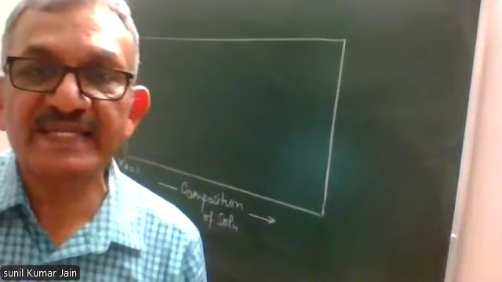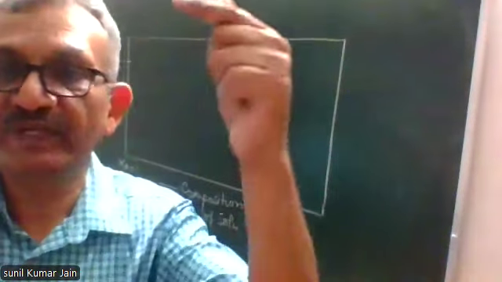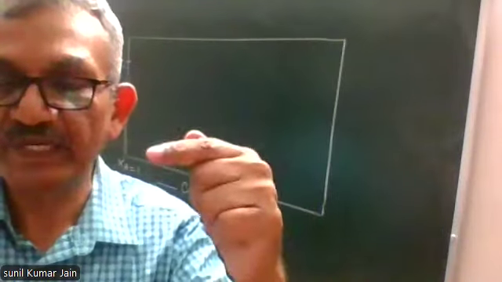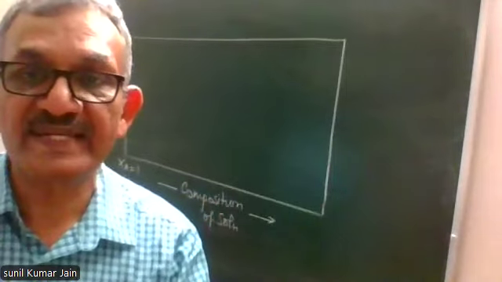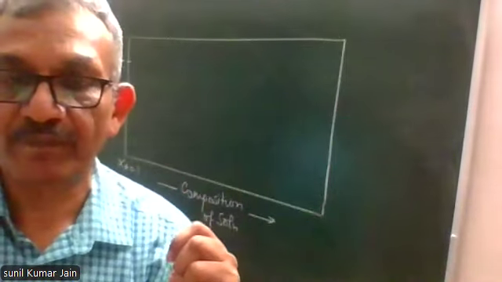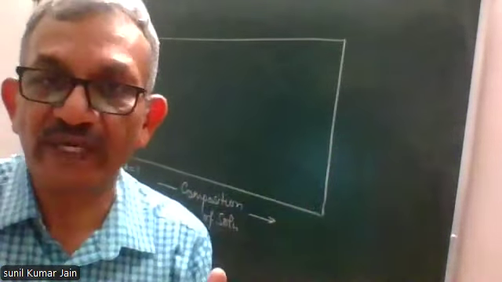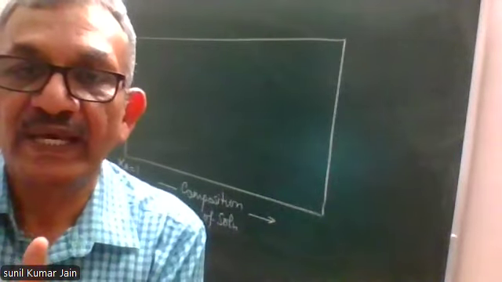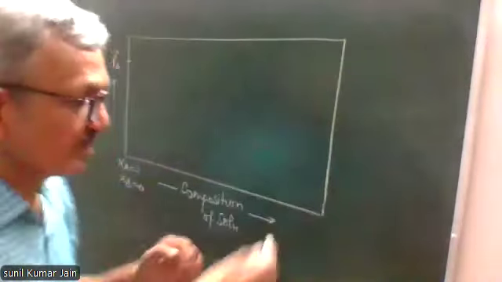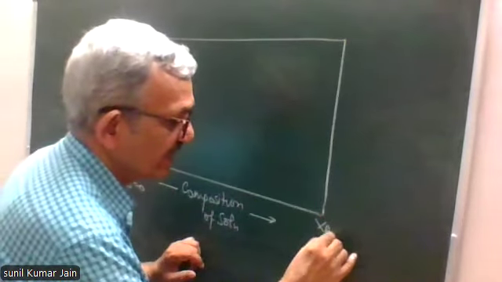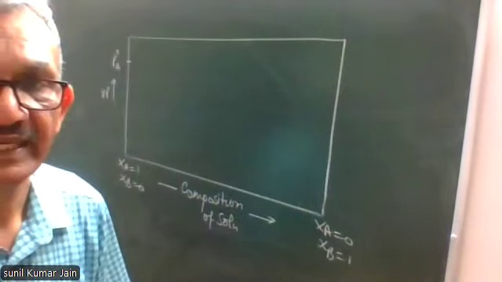As I keep on increasing B, mole fraction of A will keep on decreasing and mole fraction of B will keep on increasing. According to Raoult's law, the value of PA will keep on decreasing and the value of PB will keep on increasing. Let us say I add so much B to A that A becomes negligible and it is almost pure B. At this extreme, mole fraction of A is 0 and mole fraction of B is 1.